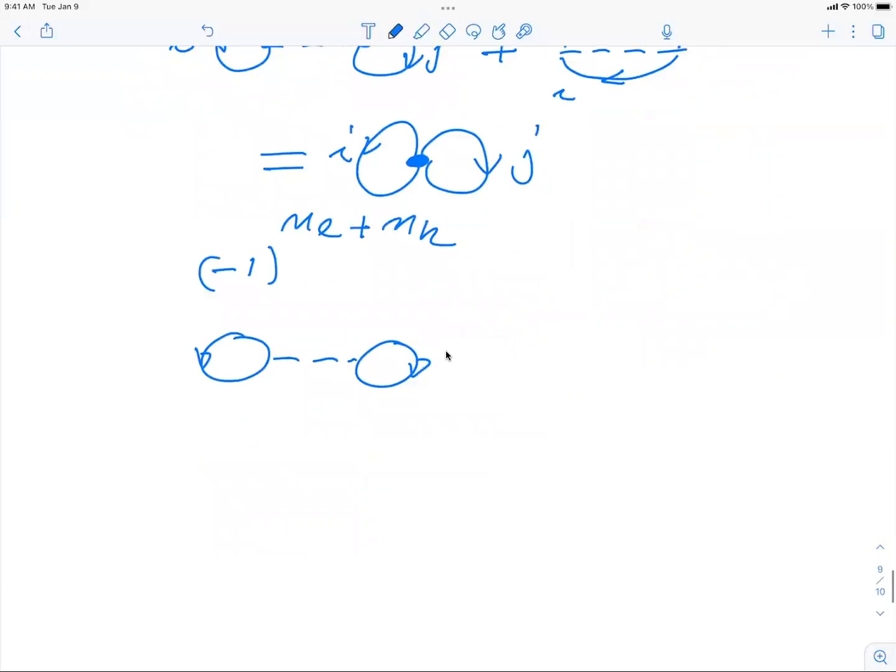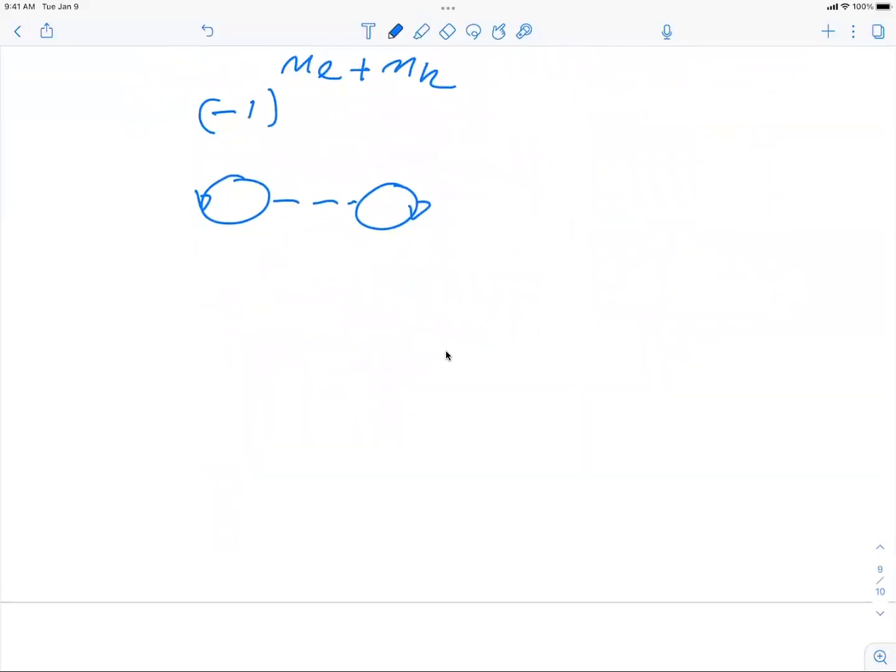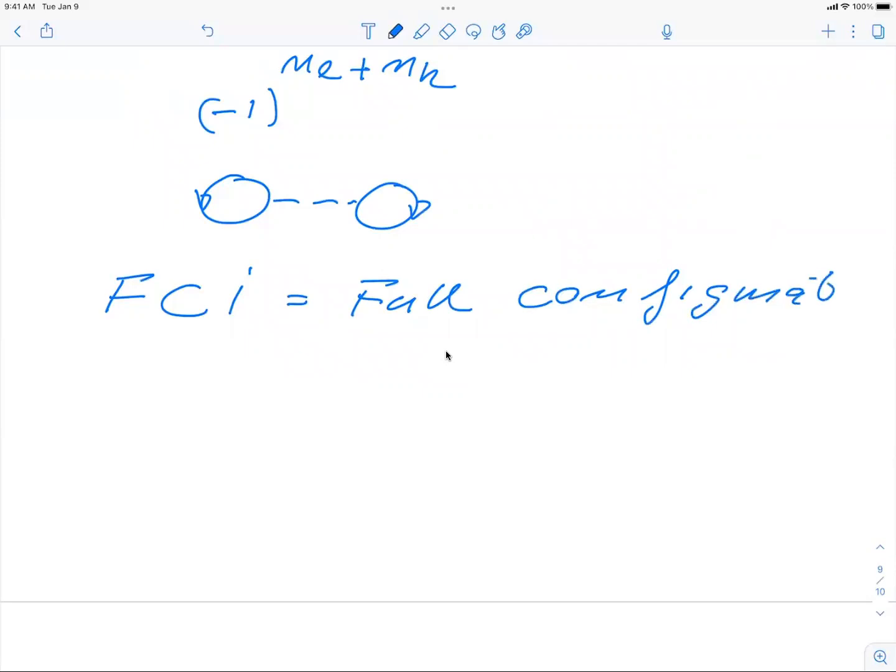Okay, so what I want to do now is actually to switch over to full configuration interaction theory. So that is FCI, full configuration interaction. So every way we can now order a set of Slater determinants is called a configuration.